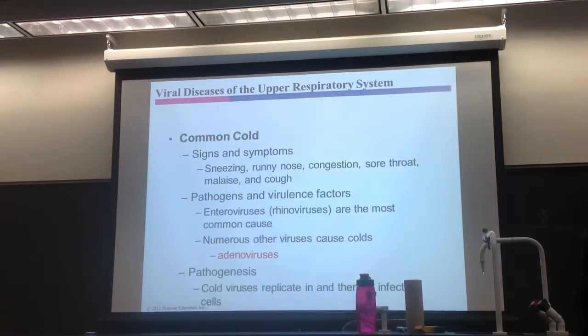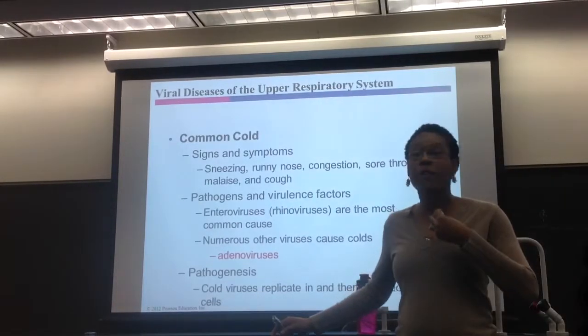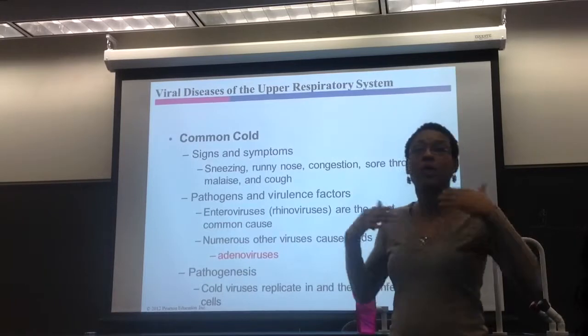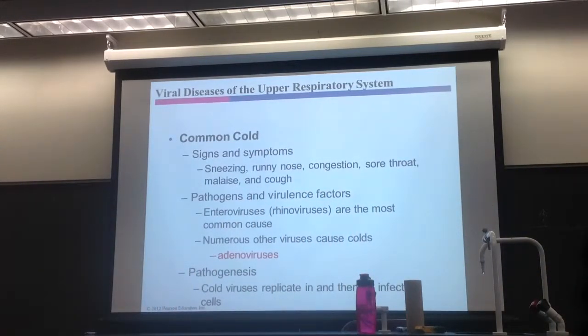So there's specificity. That's why everything is up here: runny nose, cough, blah, blah, blah. It's all up in here. Nothing down here, right? Because the cold viruses can only attach to the upper respiratory tract. Make sense? Okay.